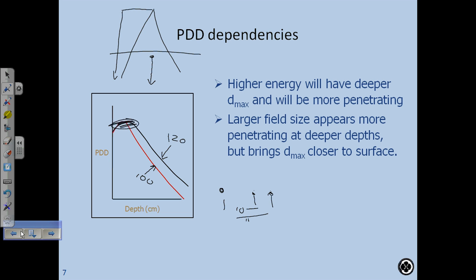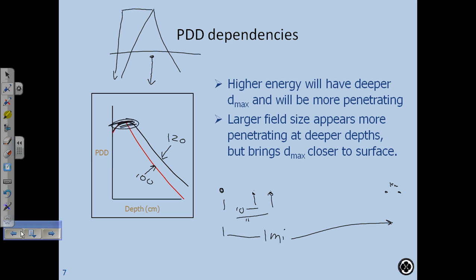Now let's take these points, they're 1 centimeter apart, and let's put them a mile away. They're still 1 centimeter apart, but now they're a mile away. Is the ratio between these points the same as the ratio between these points, the dose ratio?